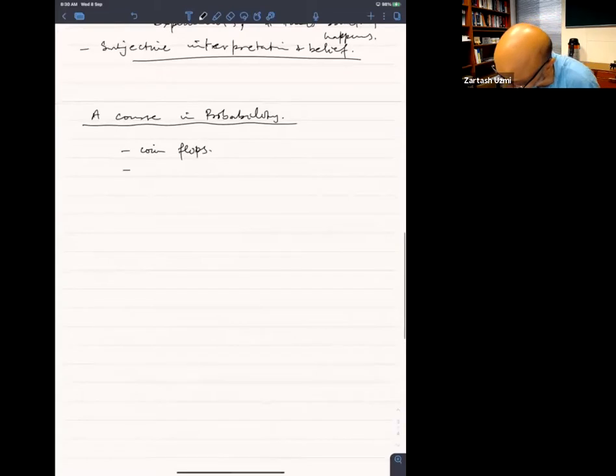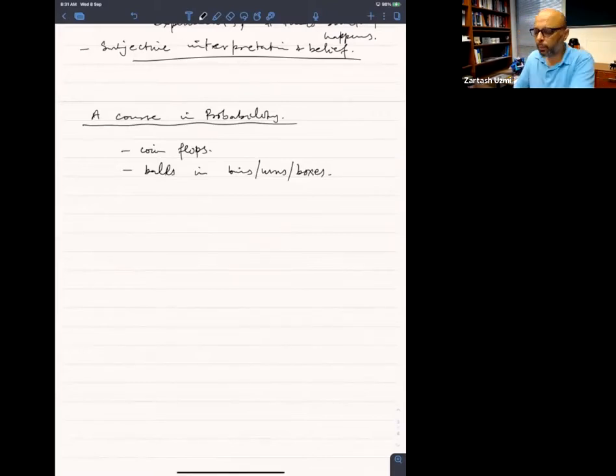So we'll talk about that a lot. We also talk about balls in bins or urns or boxes. एक ही बात है. Red balls and black balls and blue balls. Bins के अंदर पड़ी हुई हैं. Randomly pick a bin and randomly pick a ball. What is the probability the ball is blue? We always will be talking about that.